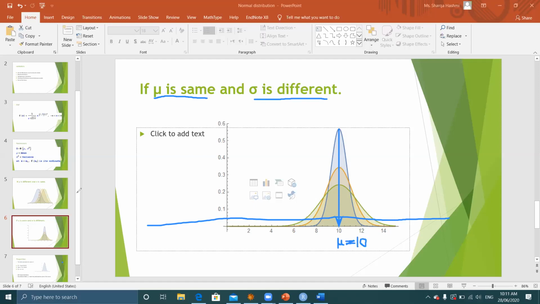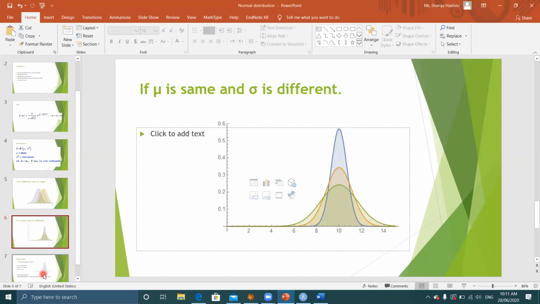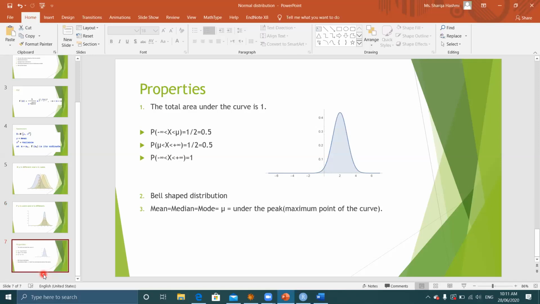Now we will move to the next slide, in which we discuss its properties. First property is the total area under the curve is 1. So this is the distribution of the normal curve. This is a normal curve, normal distribution.